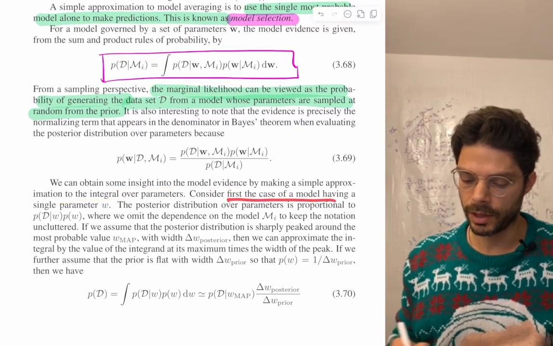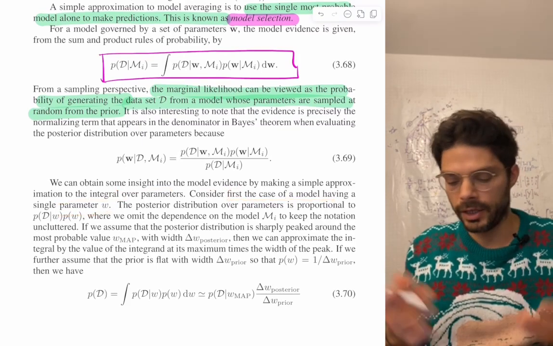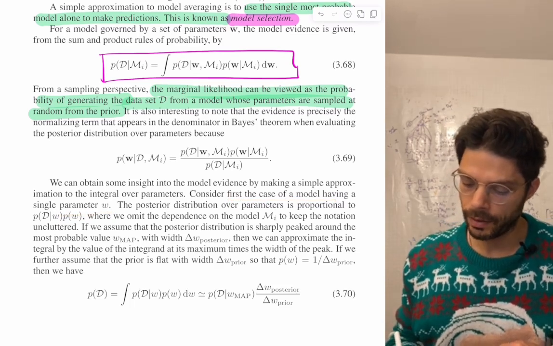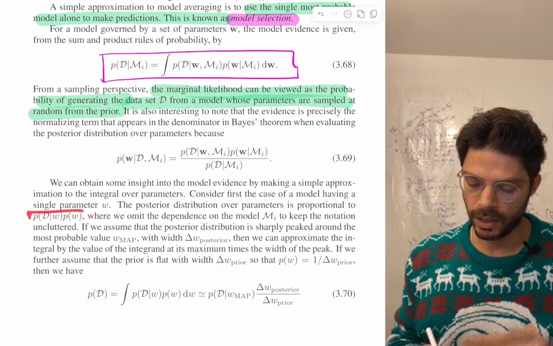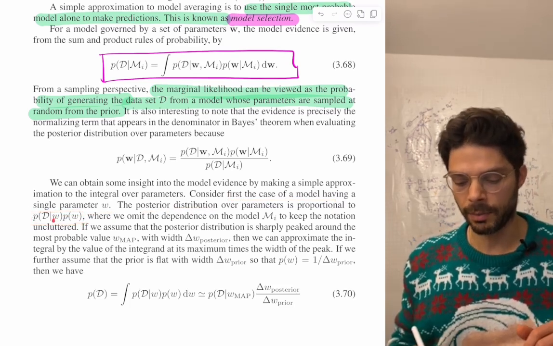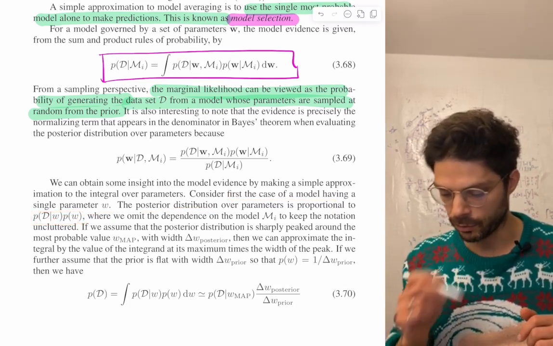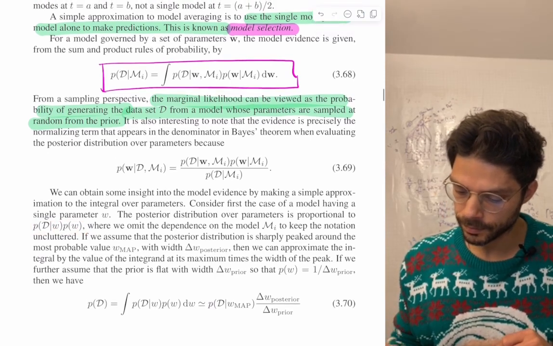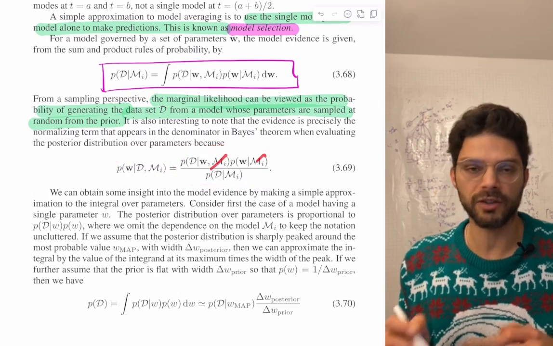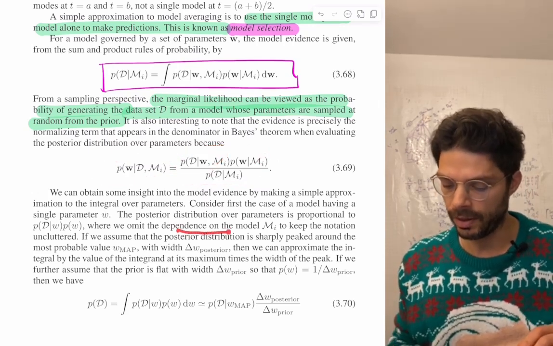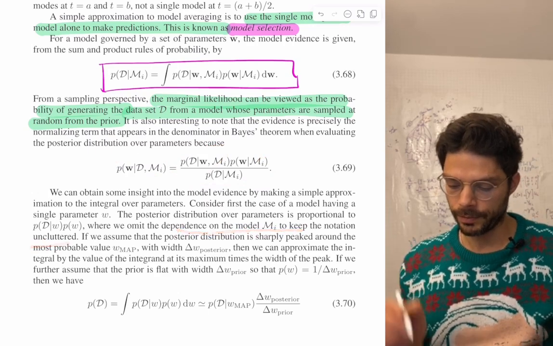Consider first the case of a model having a single parameter W, like the linear case with no offset. The posterior distribution over parameters is proportional to P of data given W, the likelihood of the parameters, times the prior. That was just the Bayes rule, and that's this expression here, but dropping the M_i because we're going to omit the dependence on the models to keep the notation uncluttered.